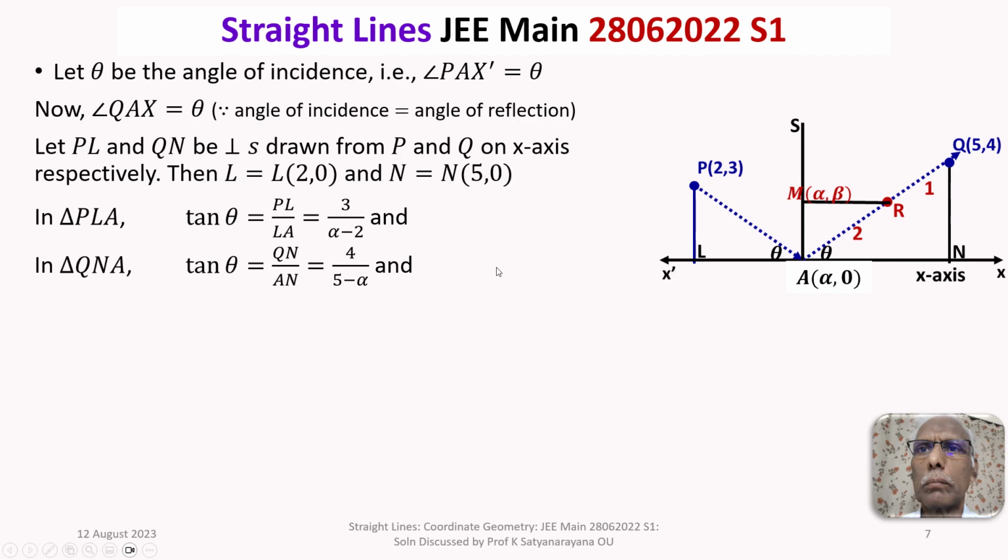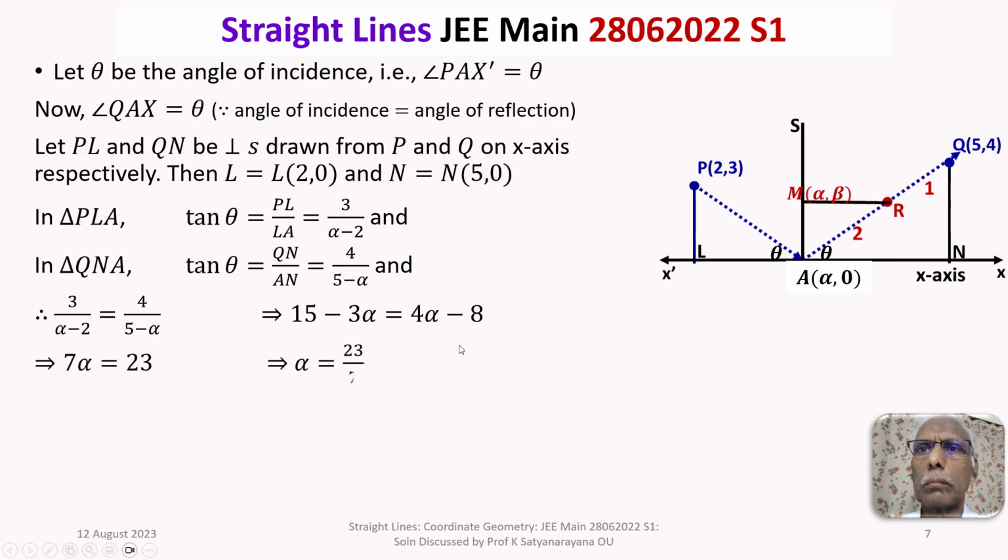Therefore, they are equal. Equating, 3 by (alpha minus 2) is equal to 4 by (5 minus alpha). Cross multiply and simplify. We get 7 alpha equal to 23, and thereby alpha is equal to 23 by 7. Thus, we got alpha.